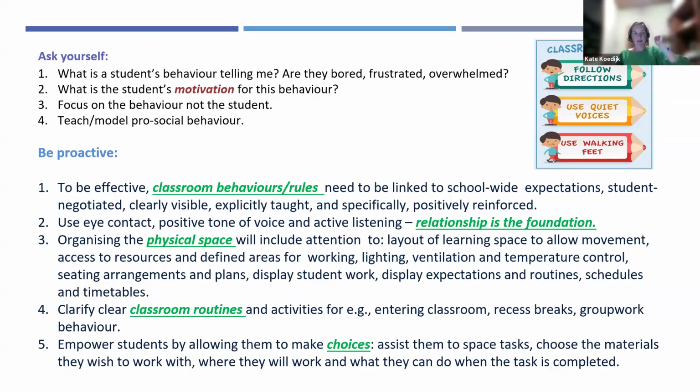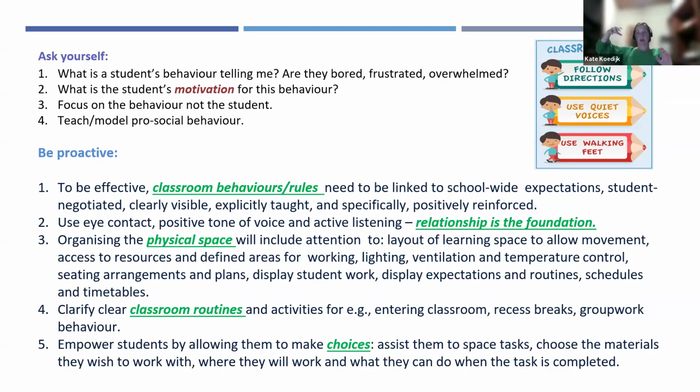To be proactive and effective, classroom behaviors and rules need to be linked to the school-wide expectations. It needs to be something that the students have been a part of. And there needs to be time set in the day, whether you have the year 7 cohort or another, where it's explicitly taught.